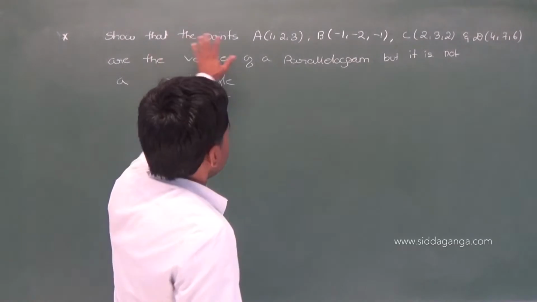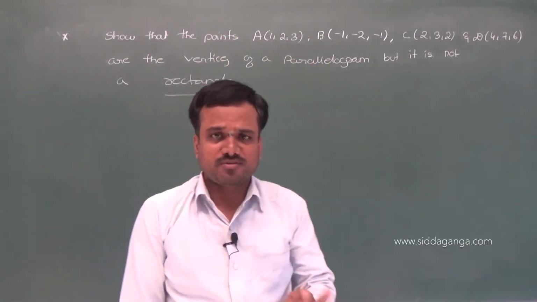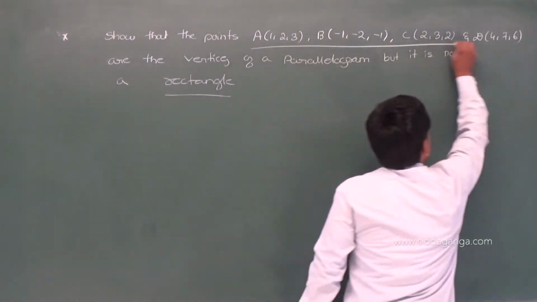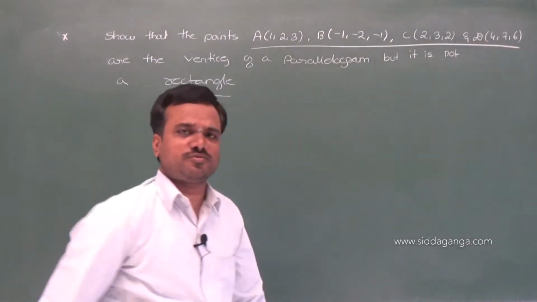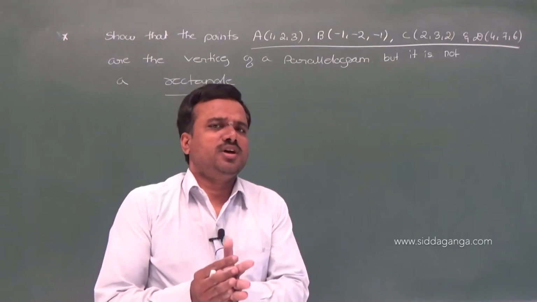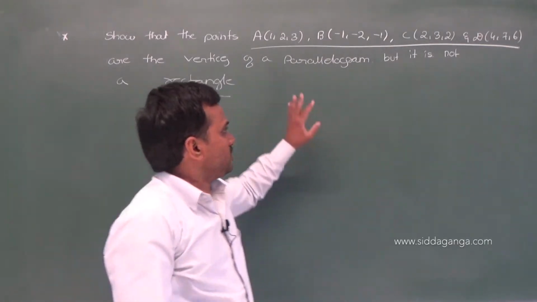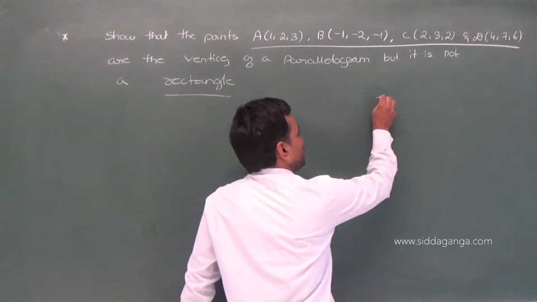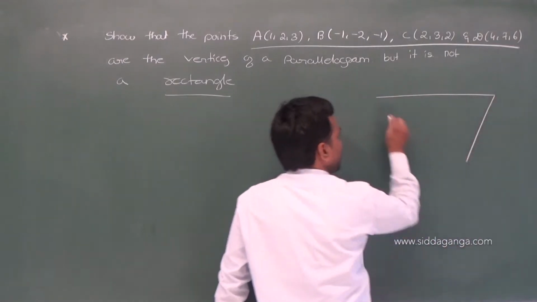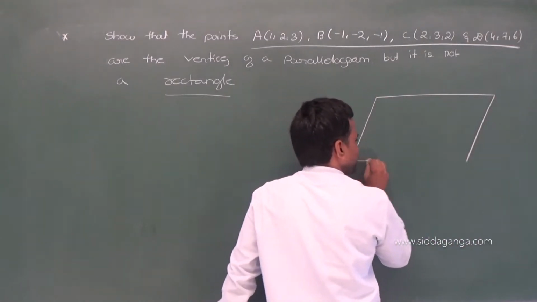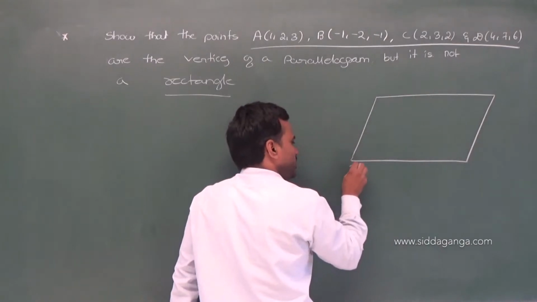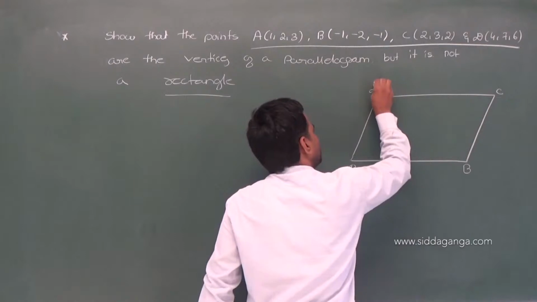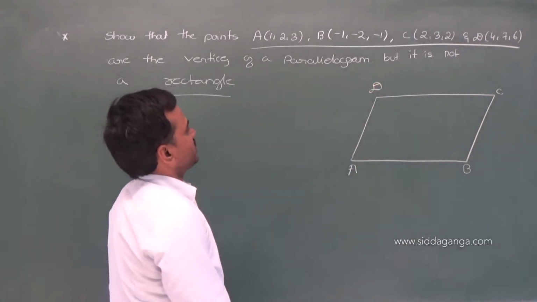See that these 4 points are nothing but, first, what we show? We have to show that these 4 points are nothing but the vertices of a parallelogram. We discussed, I think, in the distance between 2 points. But it is not a rectangle. Okay, firstly we draw a parallelogram. In that we write the coordinates or the points either in clockwise direction or in anti-clockwise direction.